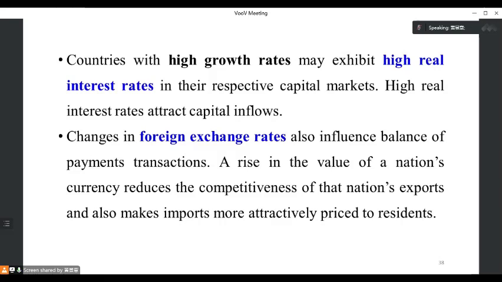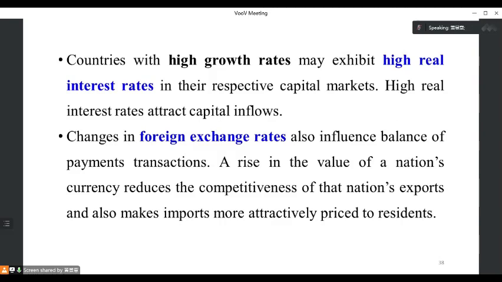If a country's real interest rate reduces, the country's market attractiveness will become lower. Then capital will outflow from this country.